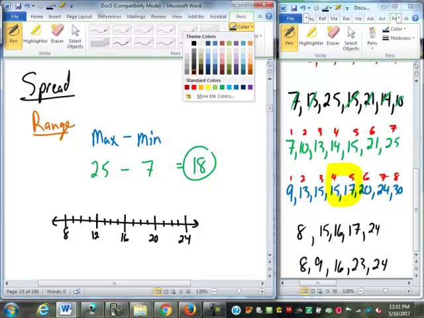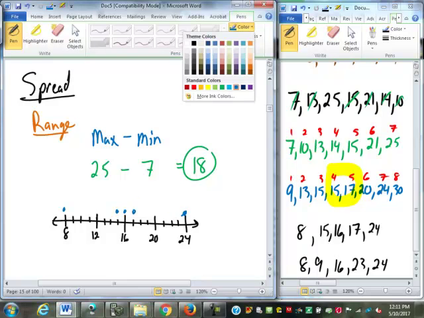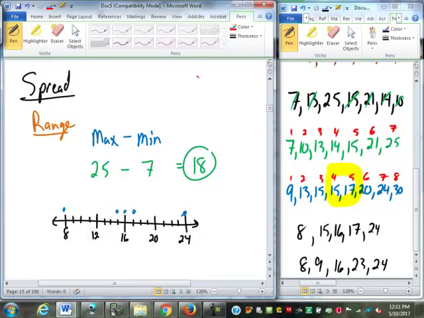The top set of numbers I'm going to do in blue on top. It's 8, 15, 16, 17, 24. Well, those are mostly concentrated in the middle. If I do the bottom set in red below, I've got 8, 9, 16, 23, and 24. Those look to be much more spread out.